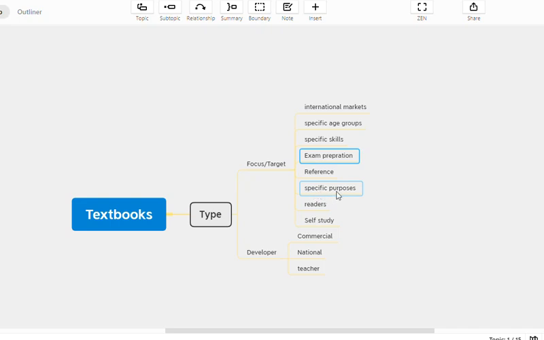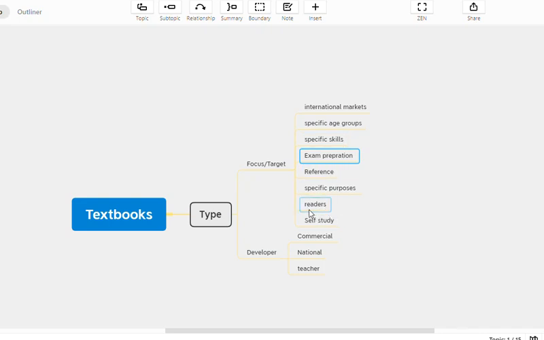Sometimes textbooks are written for specific purposes. For example, textbooks written for academic writing. These textbooks help learners learn academic language, academic reading, academic writing, academic lecturing, paper writing, and things like that, which are mostly for academic purposes.